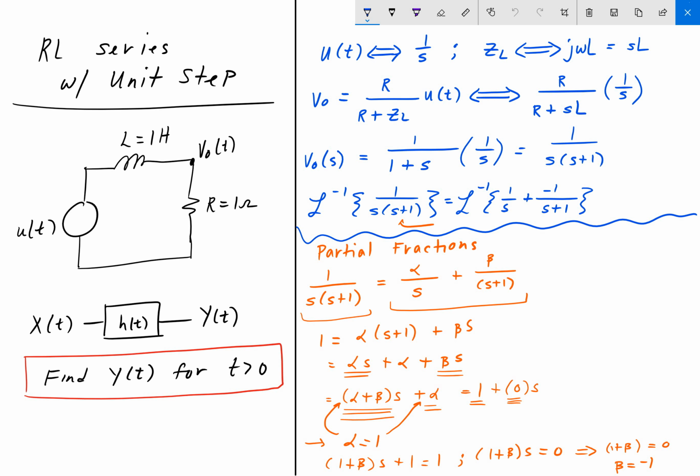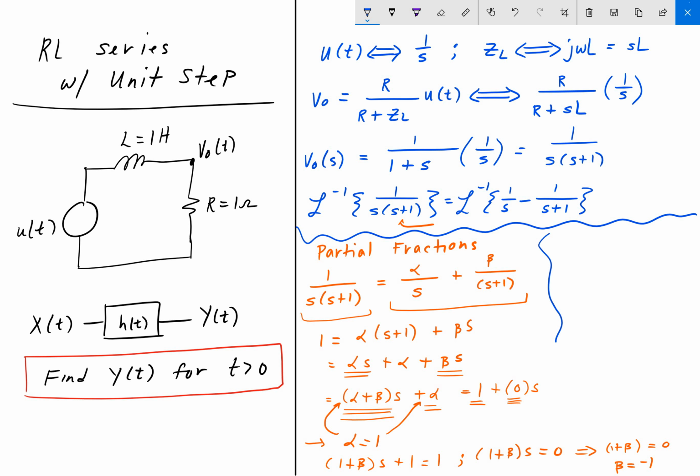And I'll just rewrite this a little bit and just do minus. And so here we definitely have these values in the Laplace transform table, and we're looking for the Laplace transform of 1 over s and the Laplace transform of 1 over s plus 1.